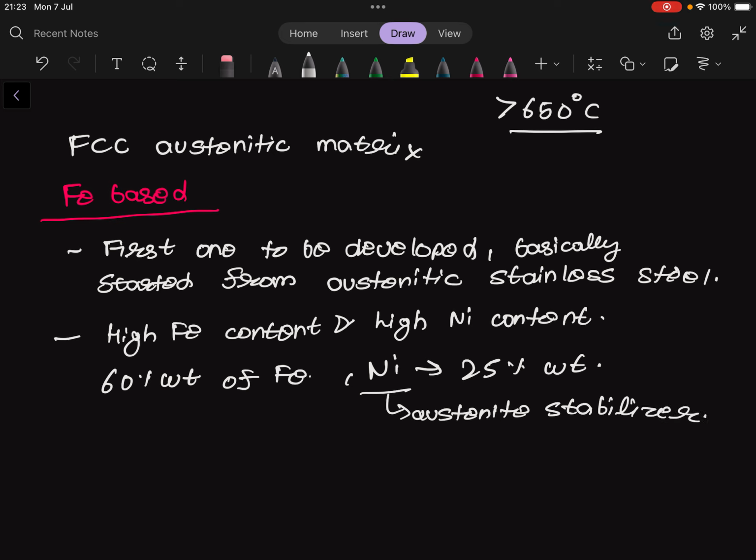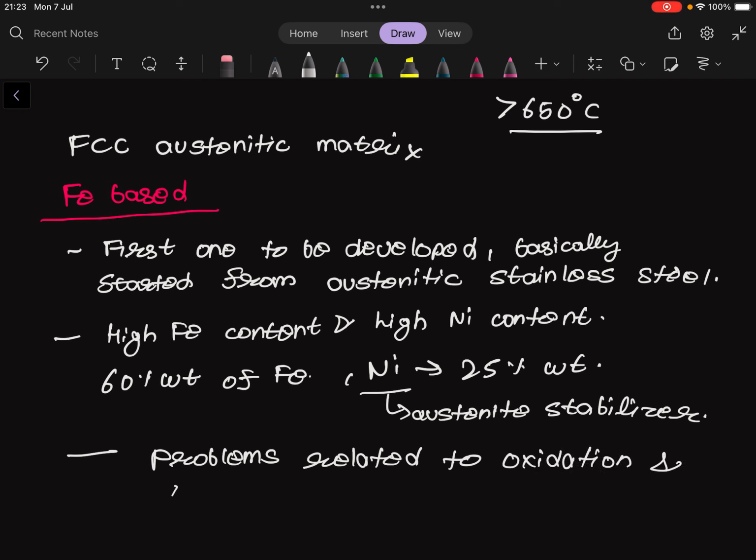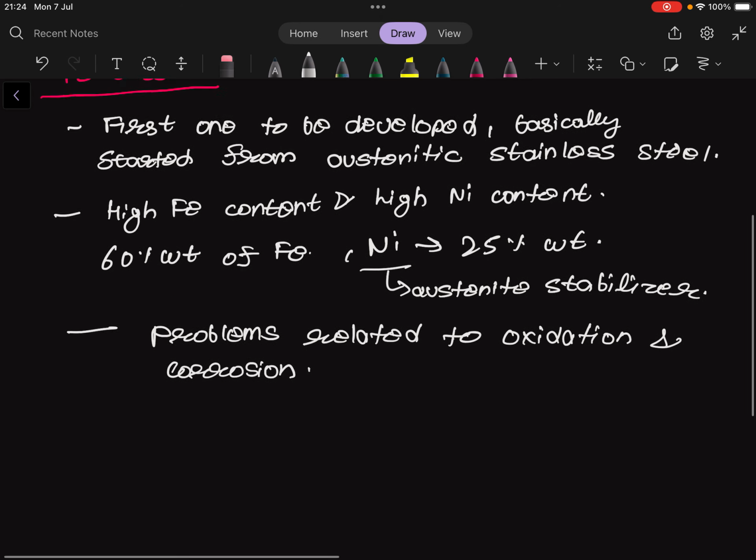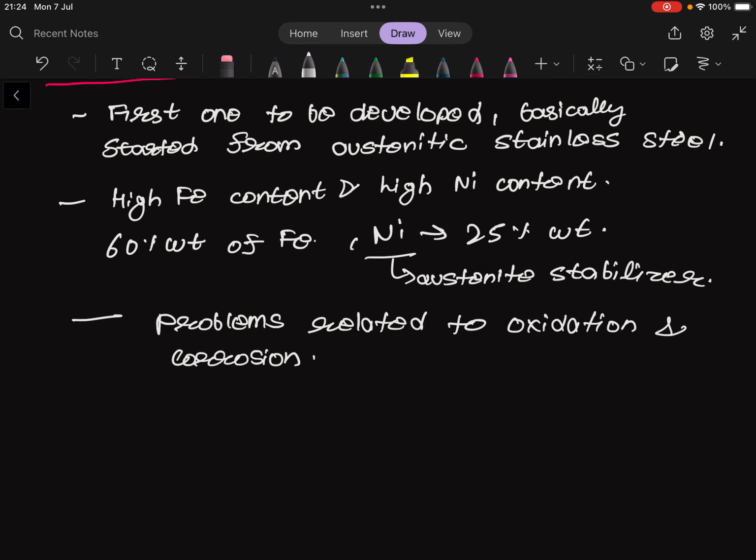Iron has some problems related to oxidation and corrosion, so this type of superalloy has problems related to oxidation and corrosion. Now let's talk about the elements we can find in iron based superalloy.